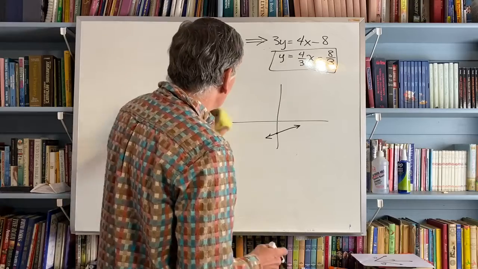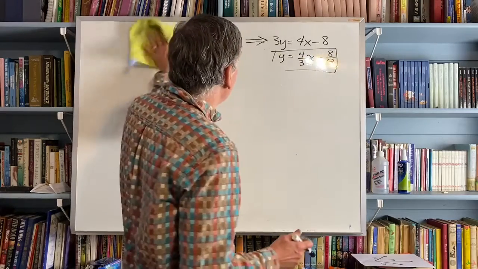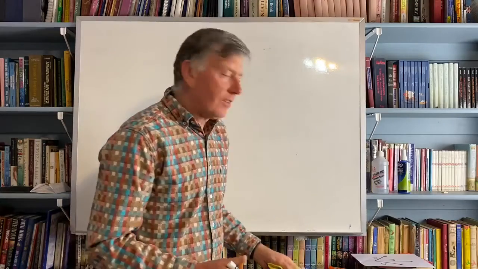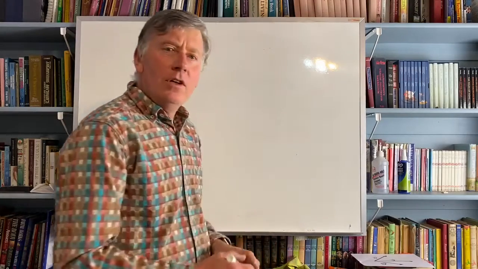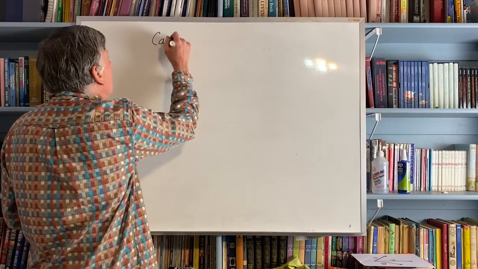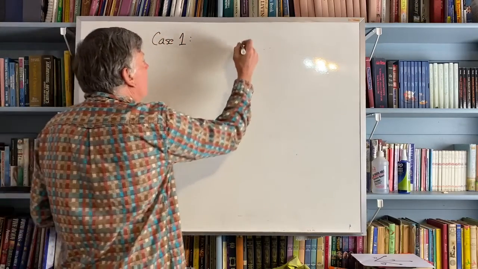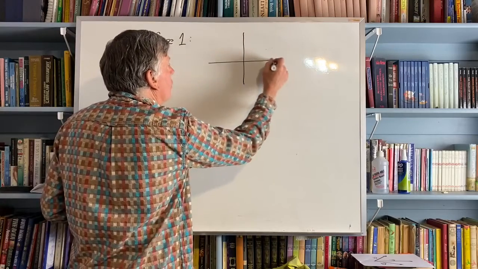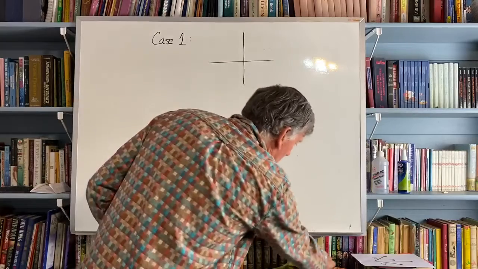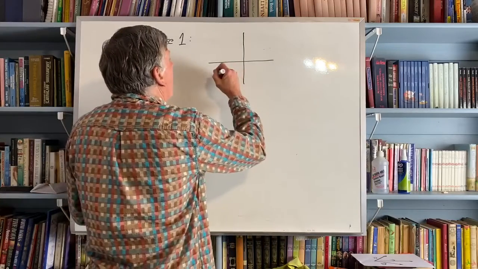I do this to prepare you for what's happening. I want to talk about the number of solutions we can have. The first case, case 1, is when you have two lines that cross.